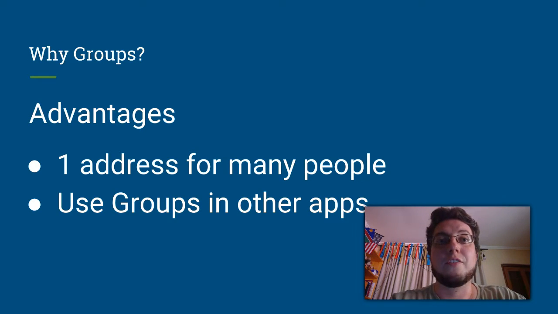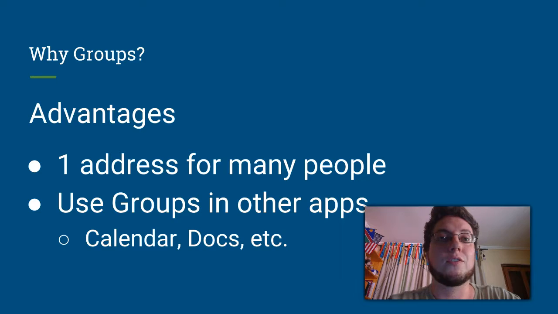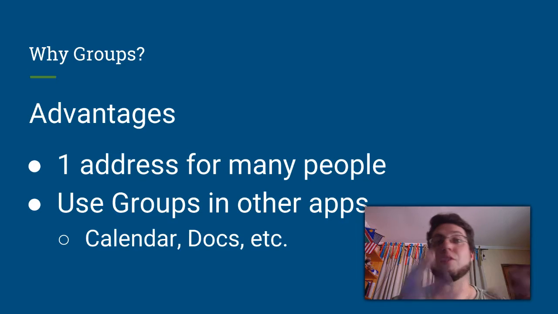There are also a lot of other integrations where you can use group while you're in other places. For example, in Google Calendar and Google Documents, you can share all sorts of events and full calendars with groups of people. You can go into Google Documents and you can share out a file or a whole folder even to a particular group of people.